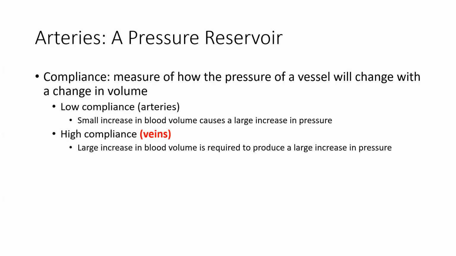And so they're not going to generate as much pressure from the walls onto the blood. So veins have a way to accommodate more volume without generating as much pressure. In other words, a large increase in volume is going to be required to create any pressure changes in a vein.